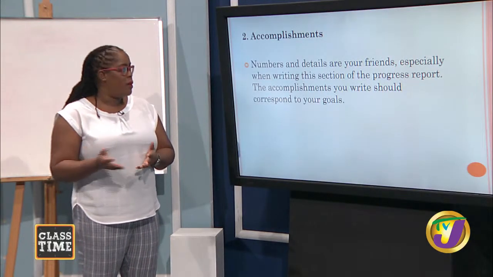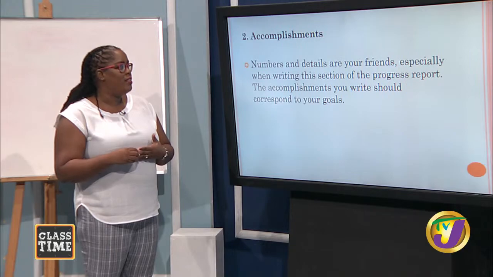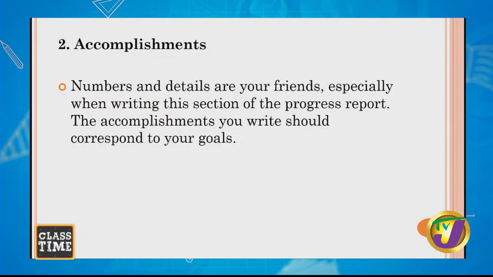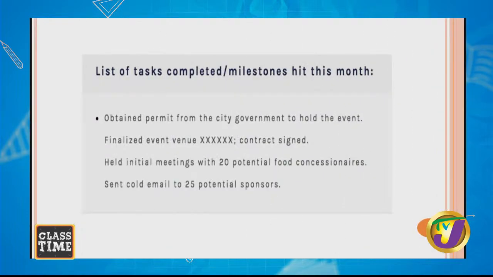2, accomplishments. Numbers and details are your friends, especially when writing this section of the progress report. The accomplishments you write should correspond to your goals. All right, and this is an example. List of tasks completed / milestones hit this month, right?